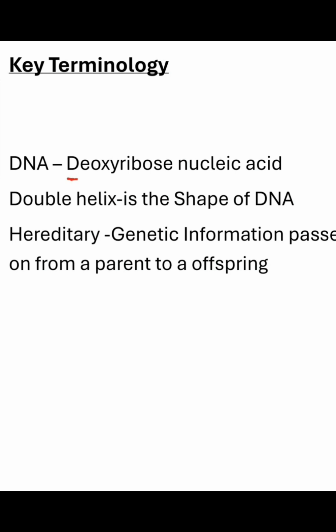So we know that DNA stands for deoxyribonucleic acid, right? Then double helix. Double helix is the shape of the DNA. They'll often ask you the shape of DNA in one-word answer questions in the exam. They'll simply ask you what's the shape of DNA, and then you simply write double helix.